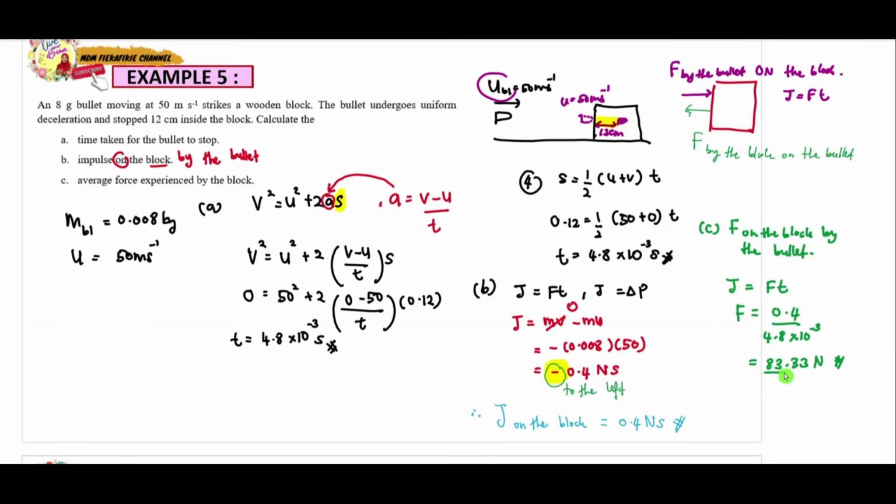Since the direction is positive, means that kita menjawab soalan, kita nak kira average force experienced by the block, yang dirasai oleh block tersebut. So that kita kira the impulsive force on the block by the bullet, which is to the right. Okay, so finish example number 5. So let's proceed to example number 6.